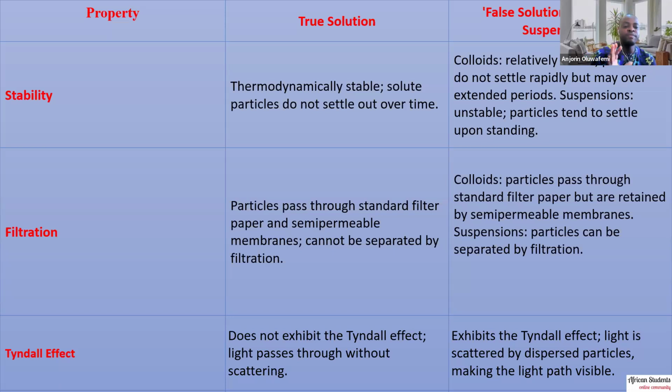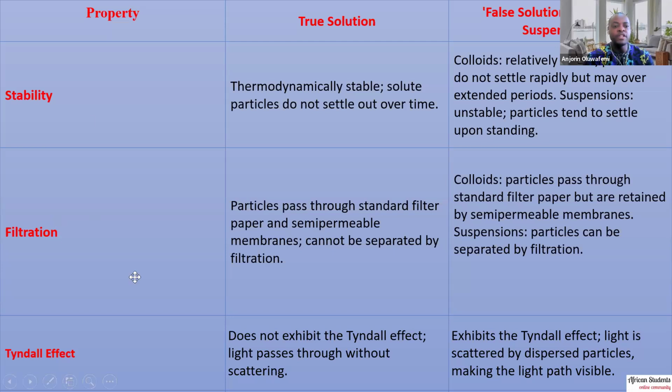Now, let's differentiate based on filtration. For true solution, particles pass through standard filter paper and semi-permeable membranes and cannot be separated by filtration. For colloids and suspension, colloid particles pass through standard filter paper, but are retained by semi-permeable membranes. For suspension, particles can be separated by filtration.